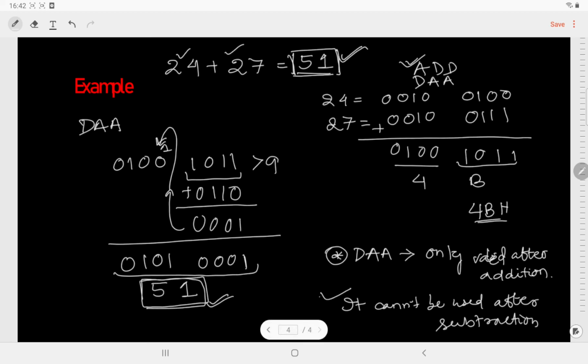So this is very important. We should remember this. I will also explain one example using this DAA instruction.